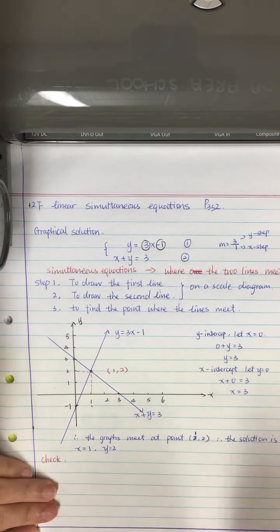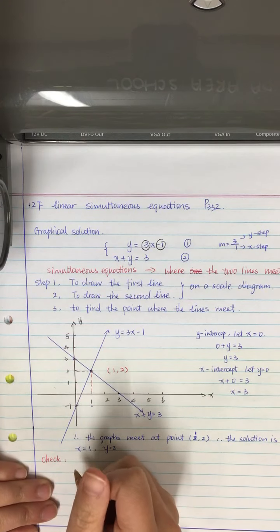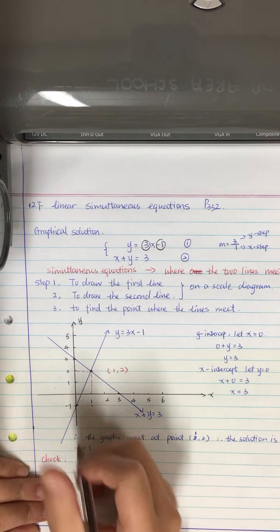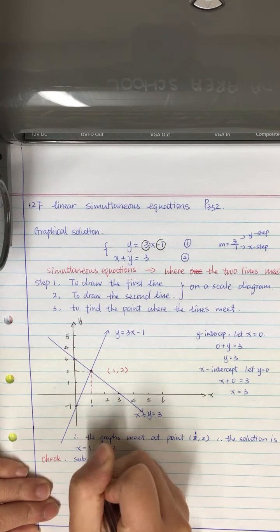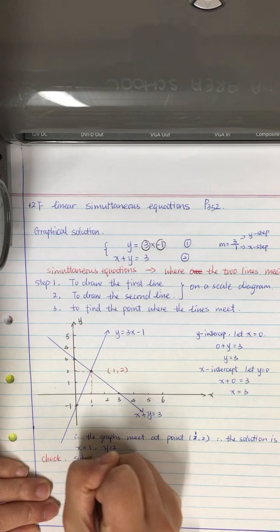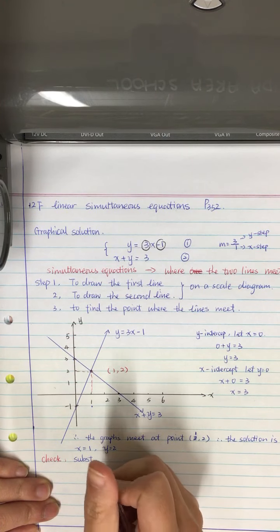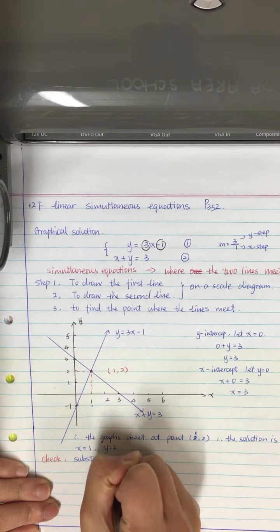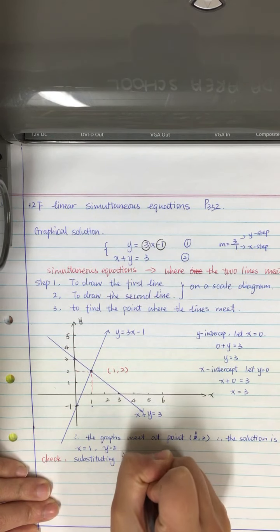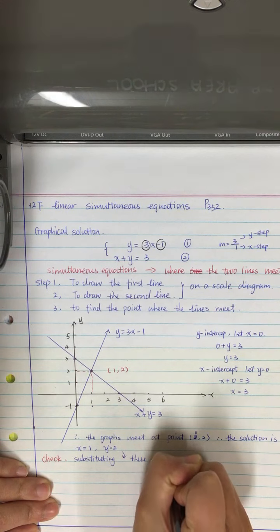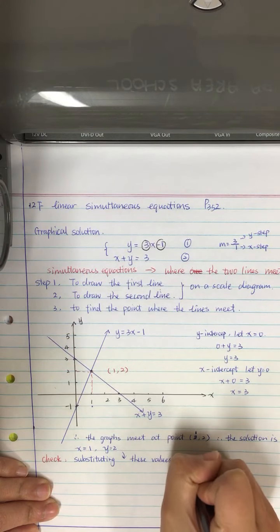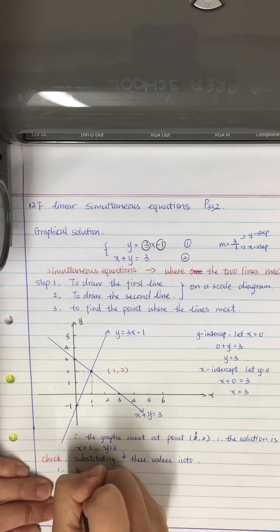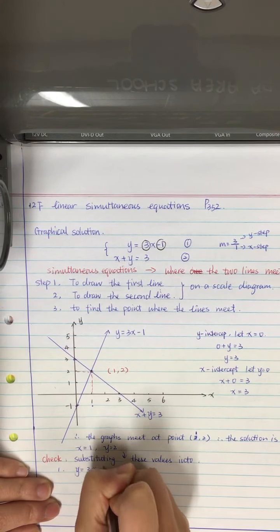So we have the point (1, 2). All we need to do is substitute x equal to 1 and y equal to 2 into our equations. The first line is y equals 3x take 1.